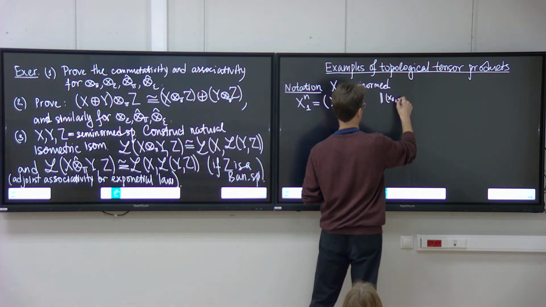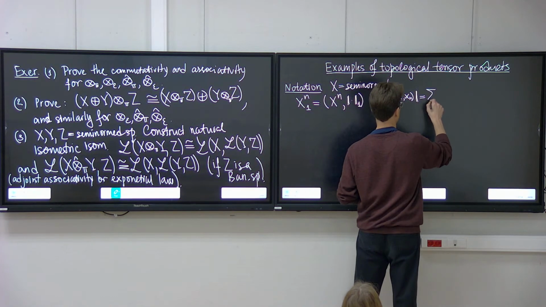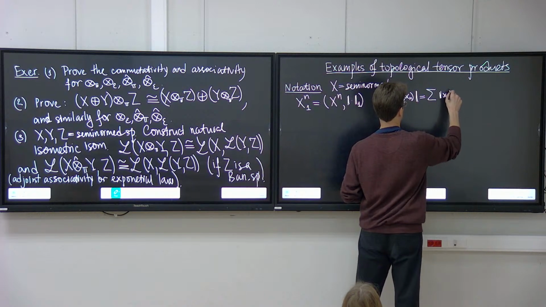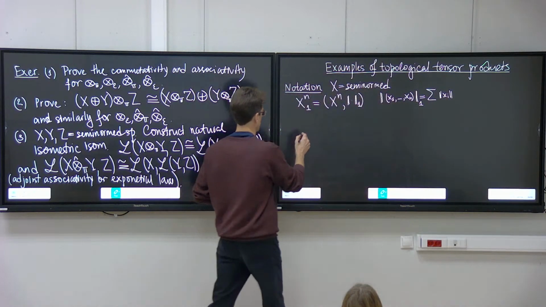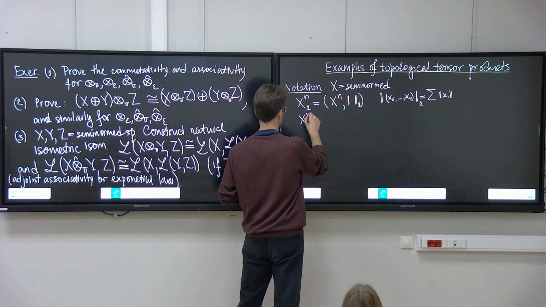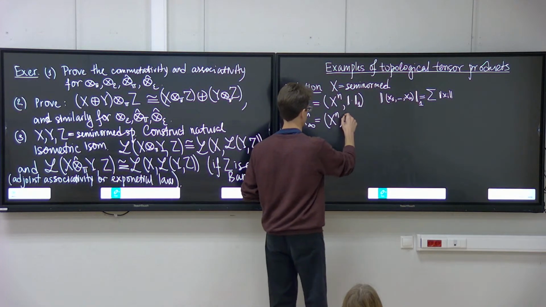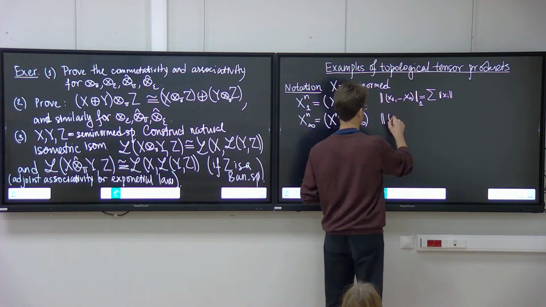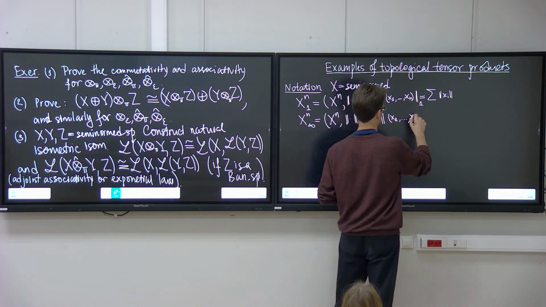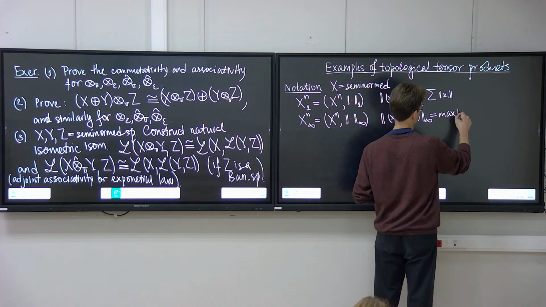The seminorm of an n-tuple x1 to xn is just the sum of their seminorms. We also need another space, X^n with subscript infinity. This is the nth power of X equipped with another seminorm, which is defined to be the maximum of the seminorms of the elements x1 to xn.